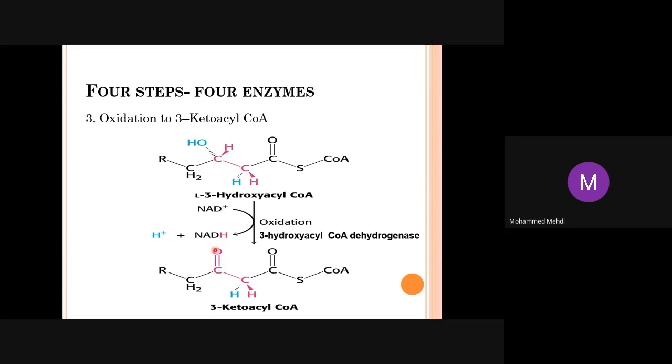This carboxyl group is the same end as the first carboxyl group. After we have this, we can have cleavage. This bond can be cleaved with the addition of another coenzyme A. By this oxidation, there is one NADH formation. One coenzyme will be formed during this oxidation process.